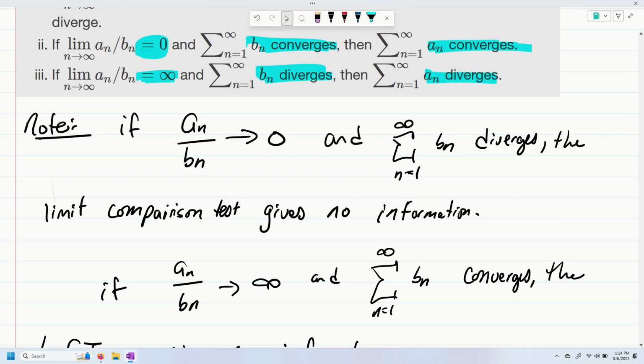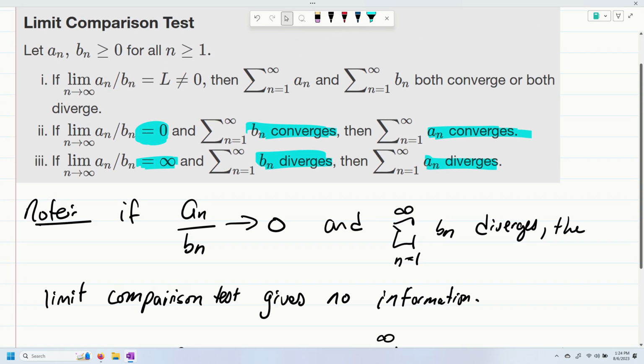You have to meet these specific conditions. All right? You have to meet those conditions.